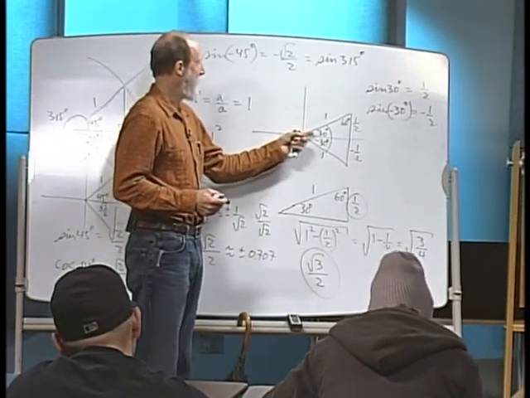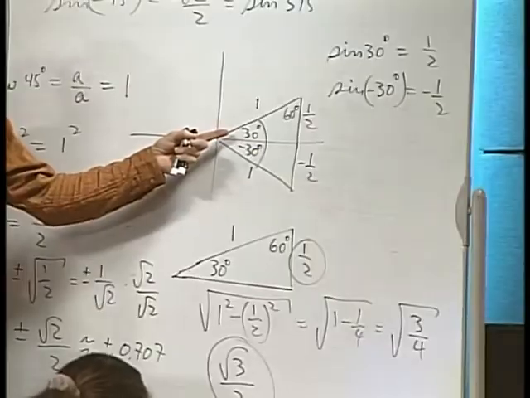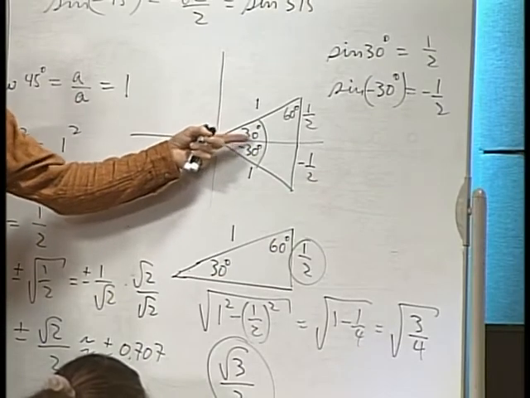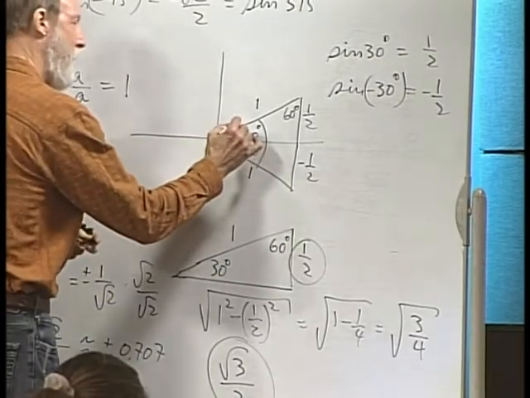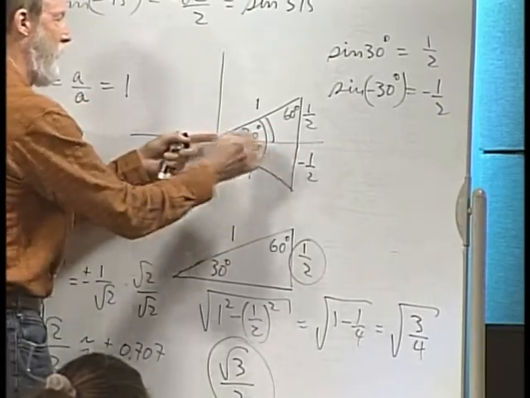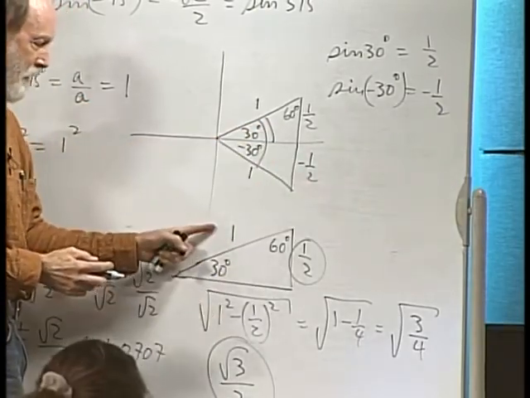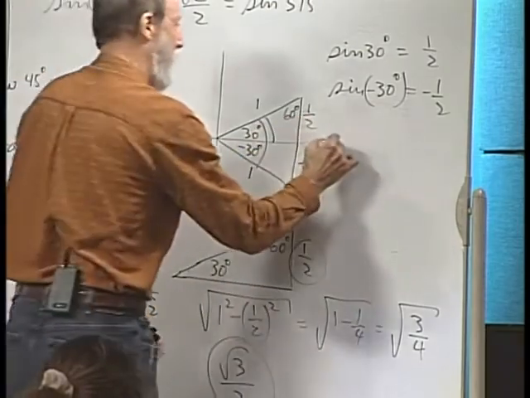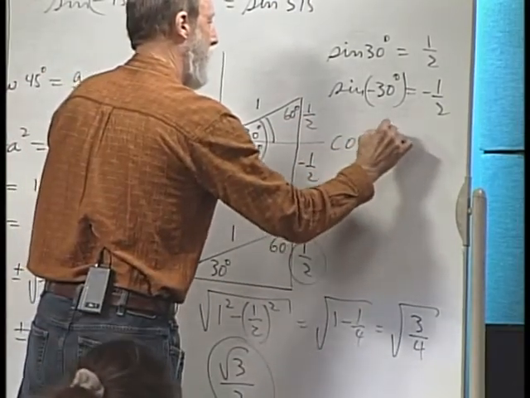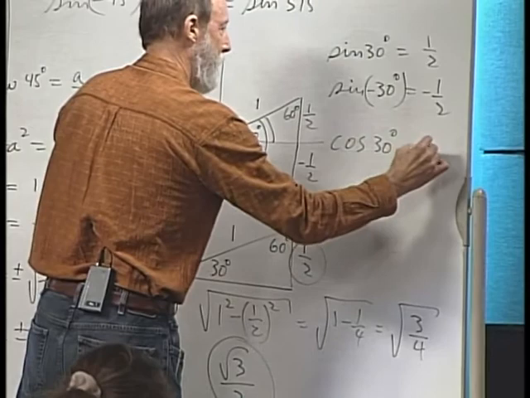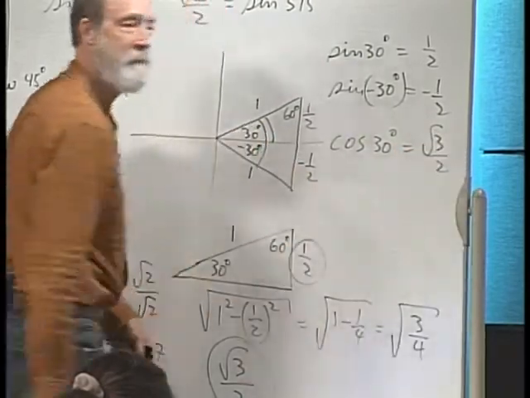So looking up here at this picture, what's the cosine of 30 degrees? It's the cosine of this original 30 degrees. Adjacent over hypotenuse. Yeah, so the cosine of 30 degrees is equal to square root of 3/2.